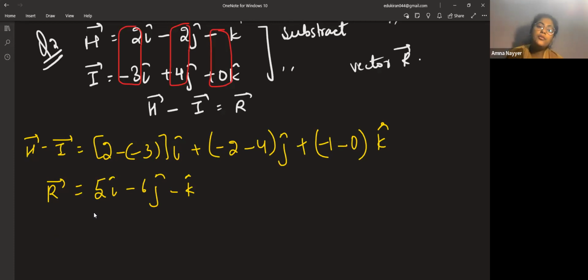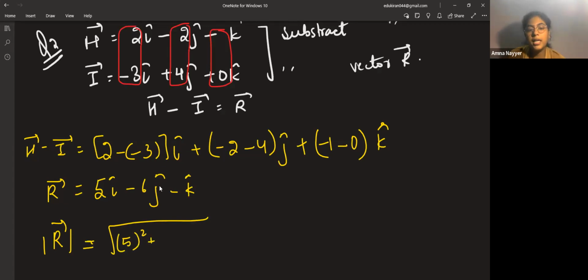Now, when we have to find out the magnitude of the resultant vector r, this becomes under root. We have to take square of i cap plus square of this. So this becomes square of -6, whole square, plus k cap is -1, so this becomes -1 whole square. So we are left with 5 squared, this becomes 25.